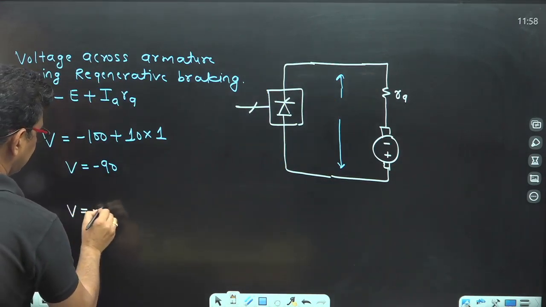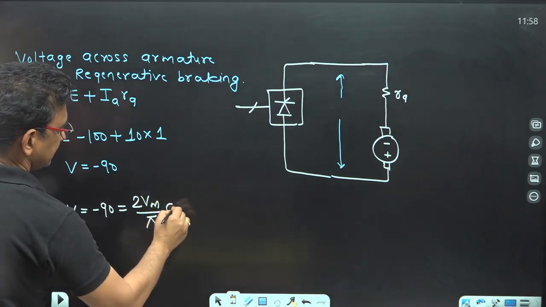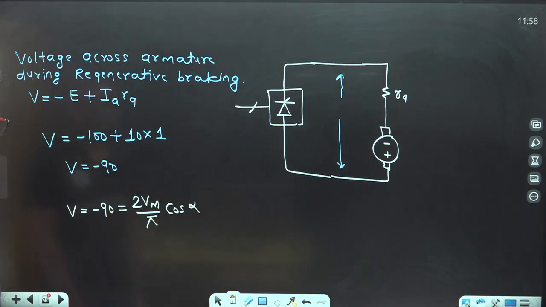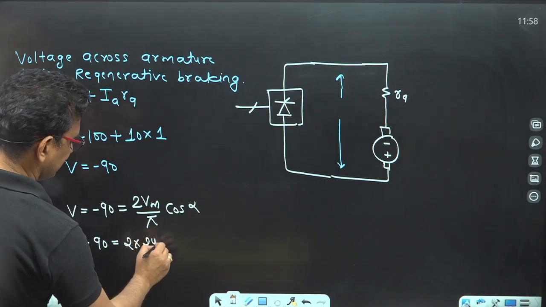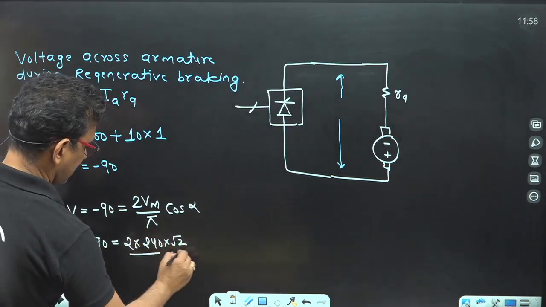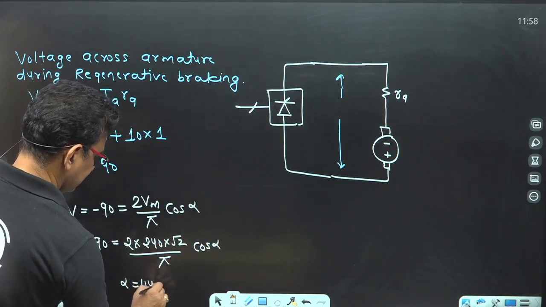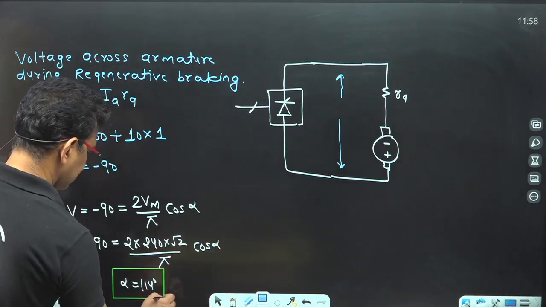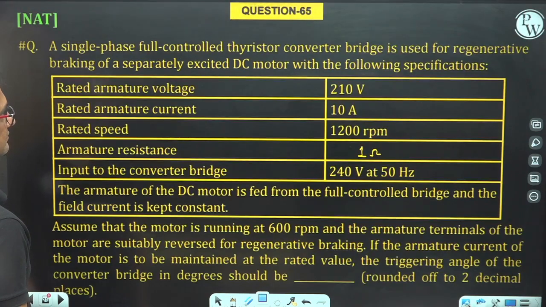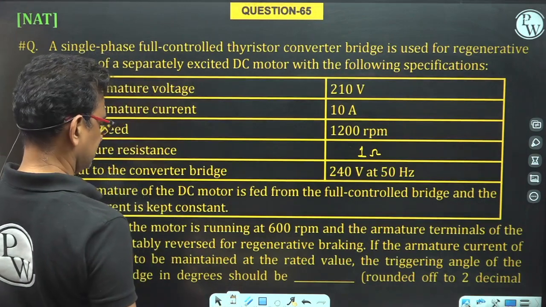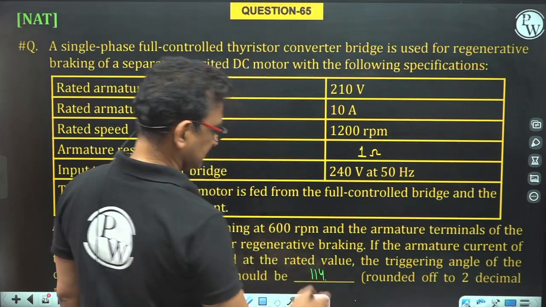So V, that is minus 90, is 2 Vm upon pi into cos alpha. By changing the value of alpha, I can get the value of minus 90 here. Vm is the RMS value multiplied by root 2. Just find out the value of alpha, you will get alpha is 114 degree. 114 is the right option.